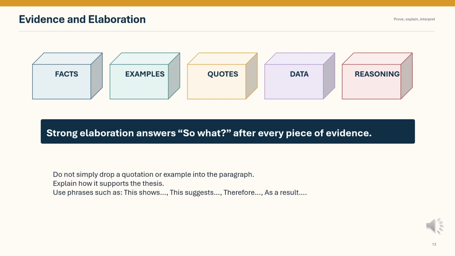For example, if you write communication skills help engineers during interviews, you should not stop there. You need to elaborate. You have to explain that during interviews, engineers must explain technical knowledge in simple and confident language. So this shows not only subject knowledge but also professional readiness. So that is the importance of evidence and elaboration.